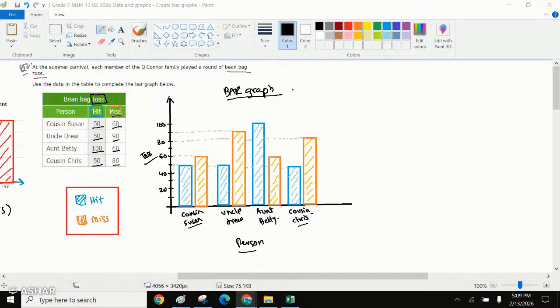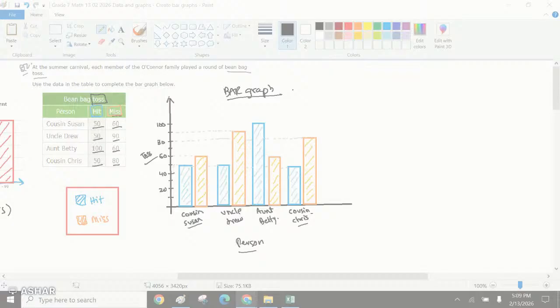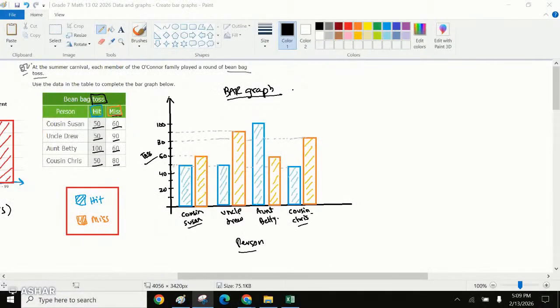Let's move ahead with the next question. In the next question, some partial information is given to us. A hardware store monitored how many hammers it sold in the past few days.